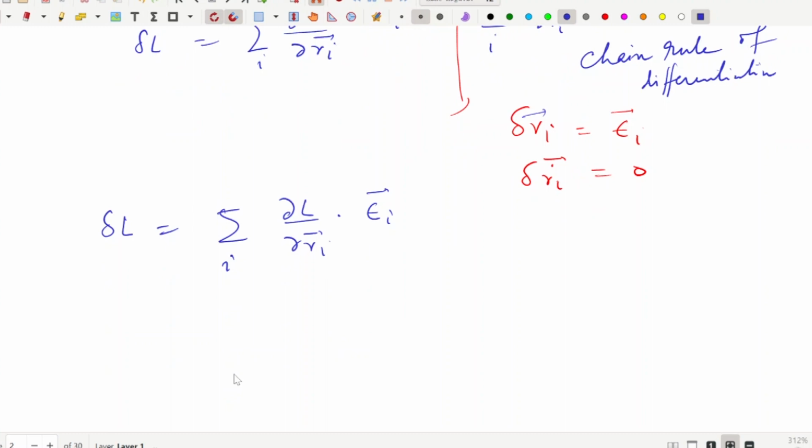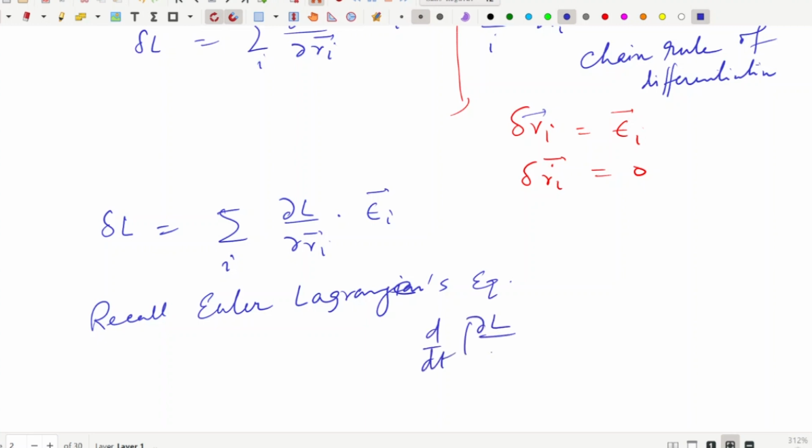Now, I will use the Euler-Lagrange equation. So, recall the Euler-Lagrange equation, that d/dt of del L del Ri dot minus del L del Ri equals 0.